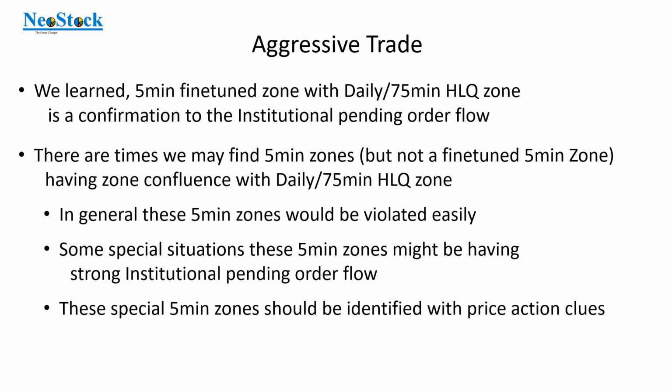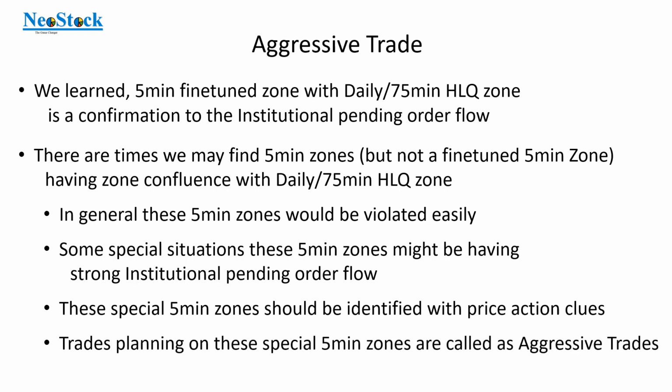When you are taking trades in such special 5-minute zones having strong institutional order flow, it is called an aggressive trade. Trades planned on these special 5-minute zones are called aggressive trades.